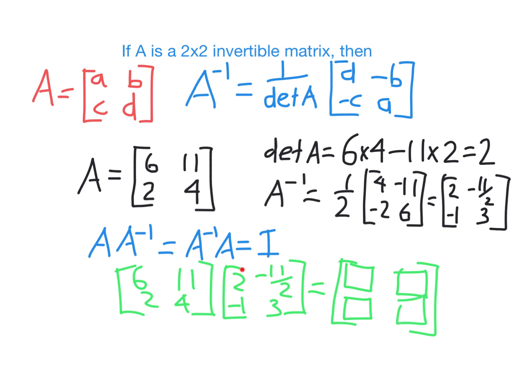So row 1 by column 1, 12 minus 11 equals 1. So row 2 by column 1, negative 33 plus 33, I get 0. Across by down, 4 minus 4 gives me 0. And then across by down, negative 11 plus 12 gives me 1.